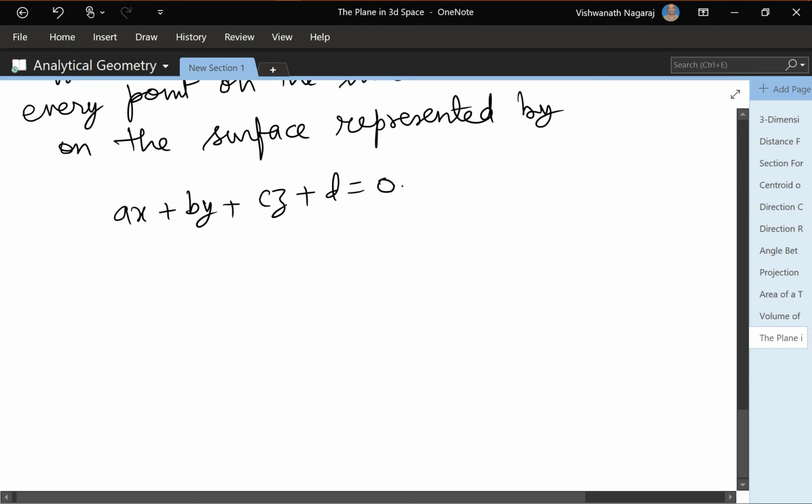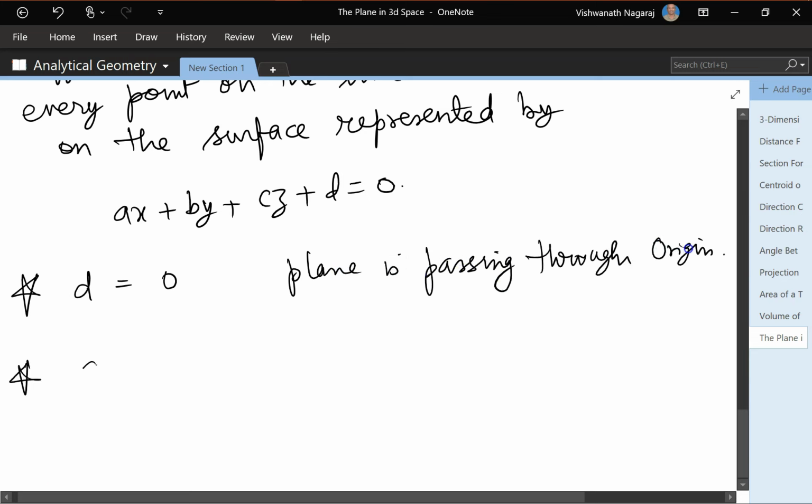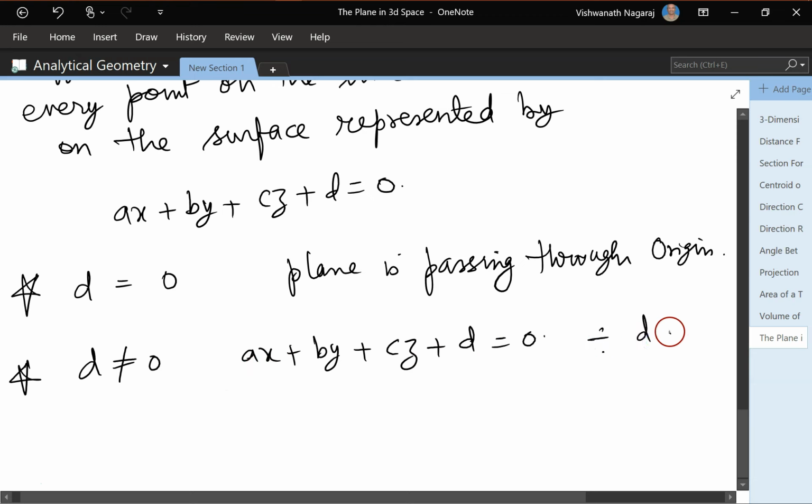Now here, if d is equal to 0 means what? That the plane is passing through origin. If d is not equal to 0, then we can write ax plus by plus cz plus d equal to 0, and we can divide the entire thing by d.